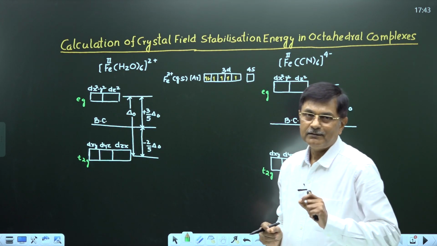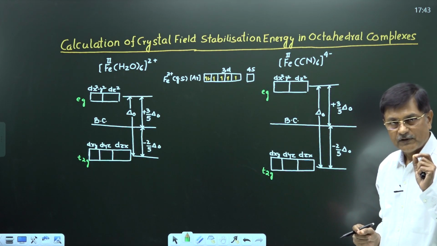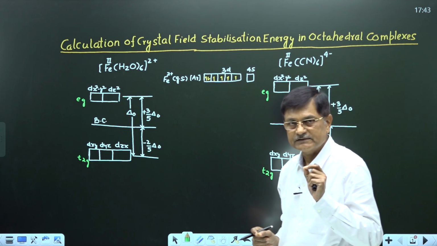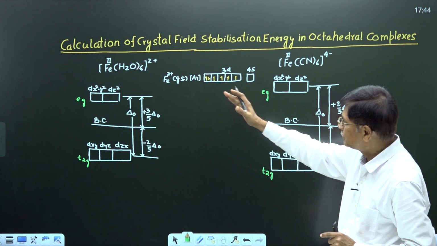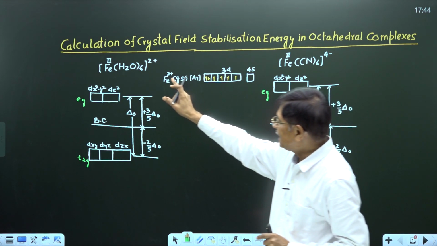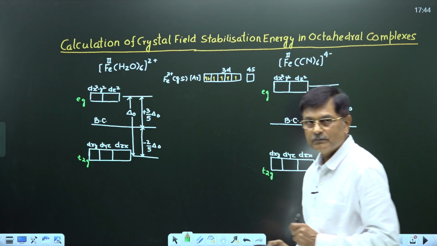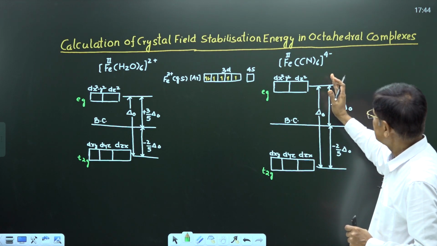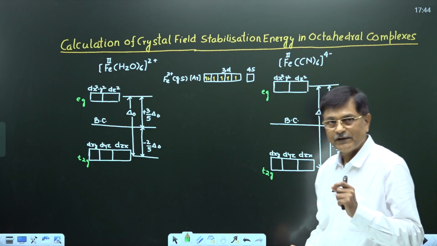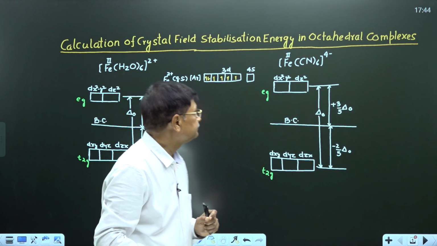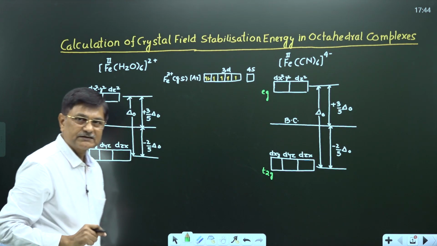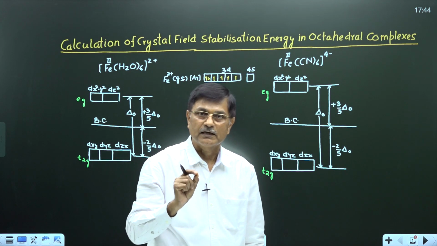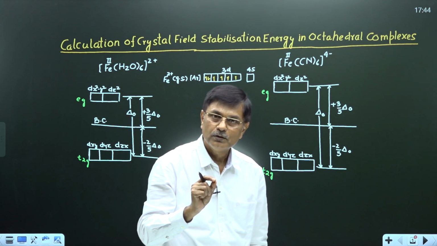To explain the calculation of CFSE value, I have taken in this video lecture two examples, hexaaquairon(II) and hexacyanidoferrate(II) ion. Students, in both complexes, the central metal cation is iron 2+.